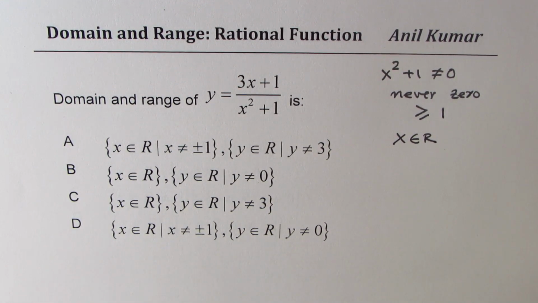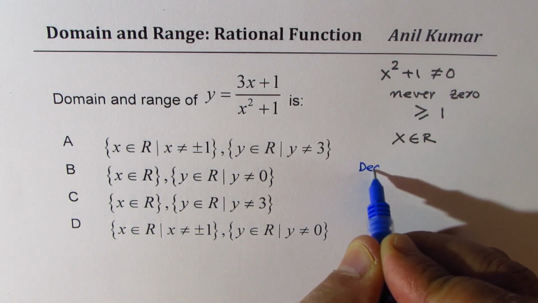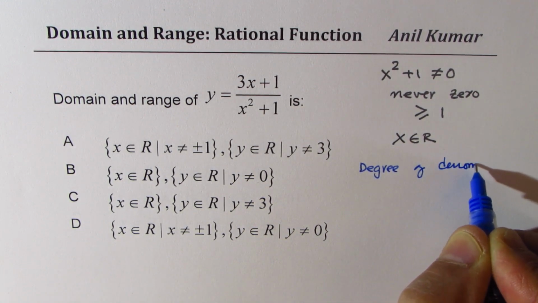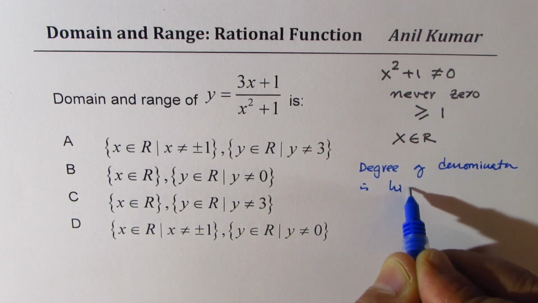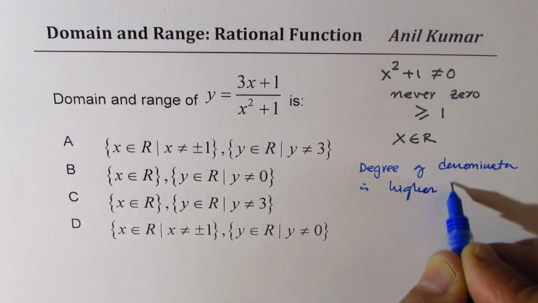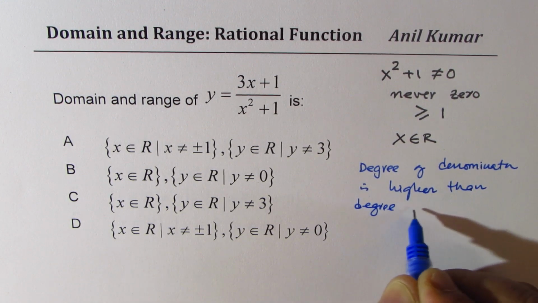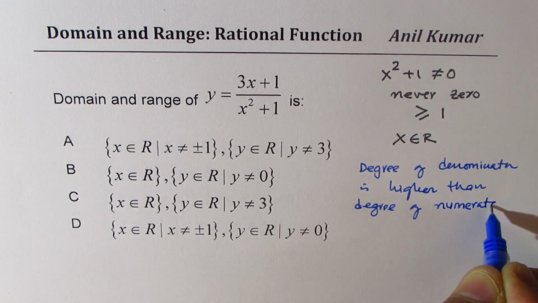Now, as far as the range is concerned, the function cannot be 0, right? Now, since degree of denominator is higher than degree of numerator, what do we have?